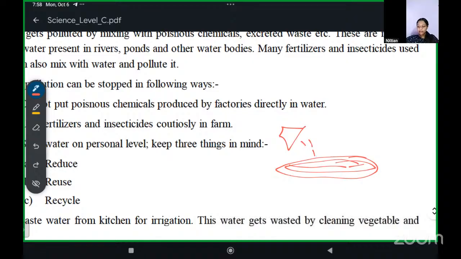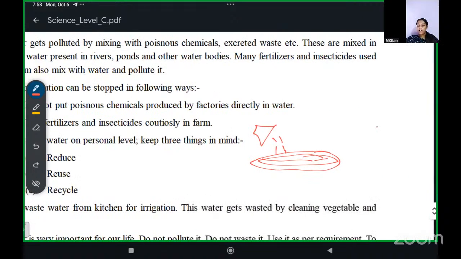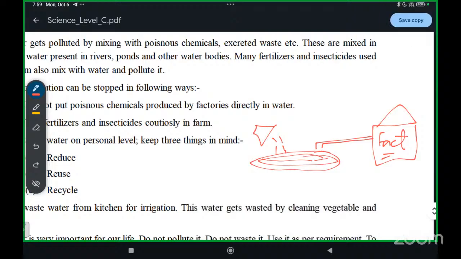Or they will have factories having their pipes which open in the lake. In this way, it gets polluted.